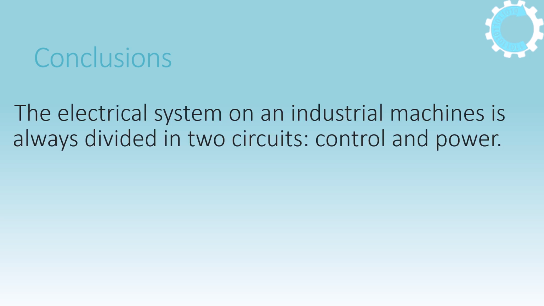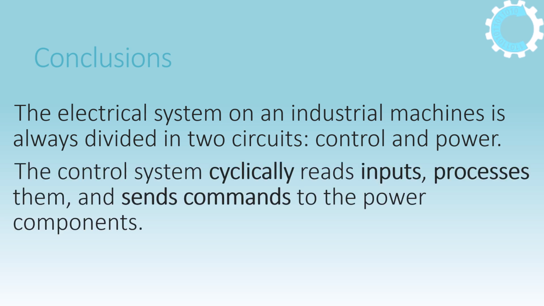To summarize, one can keep in mind the following three important conclusions. First, the power circuit and the control circuit in a machine are like the muscle and the brain of an operation, working together to make things happen safely and effectively. Secondly, the control system of an industrial machine runs an eternal cycle consisting of reading inputs, processing them, and sending commands to the power components.